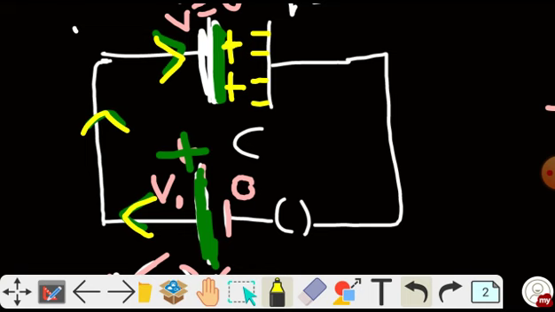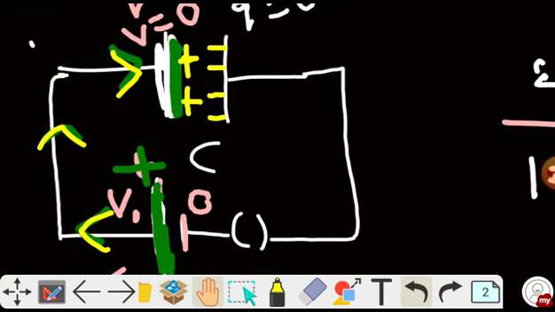So the question is, why will this process stop? If you see properly, since the charge is growing on this plate of the capacitor, its potential will also grow.